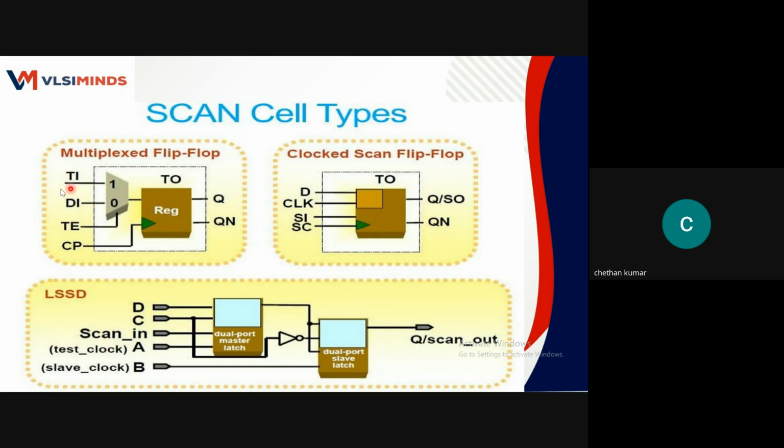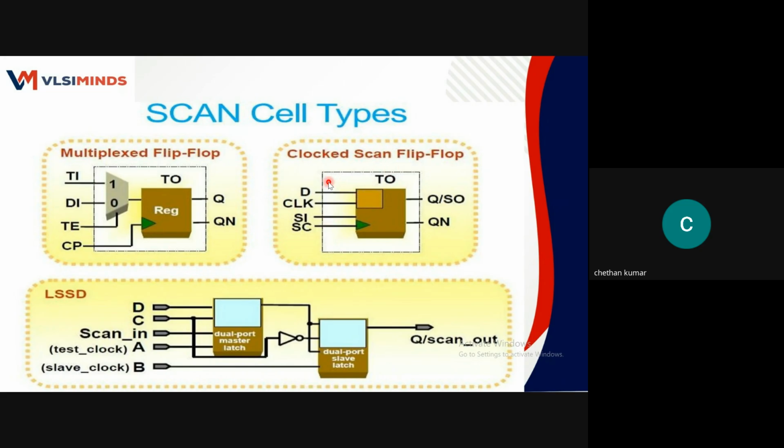The test input comes from the test logic, and the data input comes from the functional logic. This is controlled by the scan enable or test enable. In this diagram we call it test enable. Even if it is called scan input, data input and scan enable, that is also fine. Only the notations are different; functionality wise it is the same.